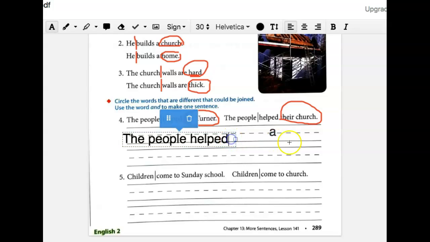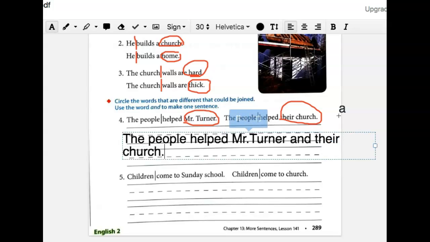And we can finish this off by combining the different words together with the word and. So Mr. Turner and their church. So now the combined sentence says, the people helped Mr. Turner and their church.